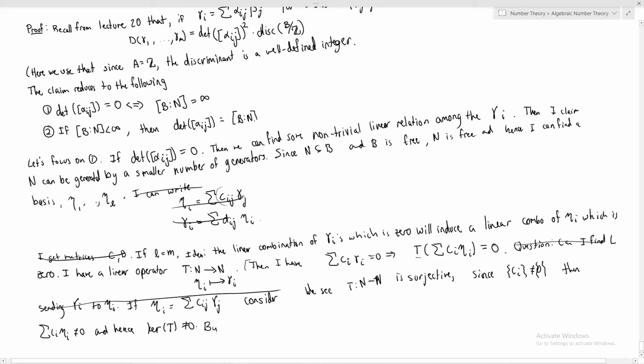By the first isomorphism theorem, n is isomorphic to n mod the kernel of T. Now this is definitely a contradiction.